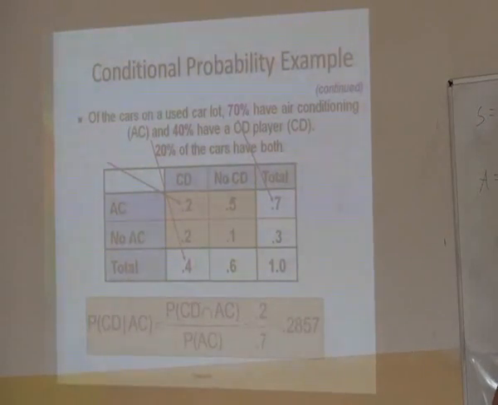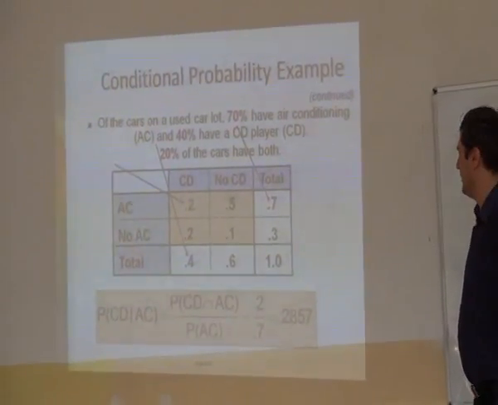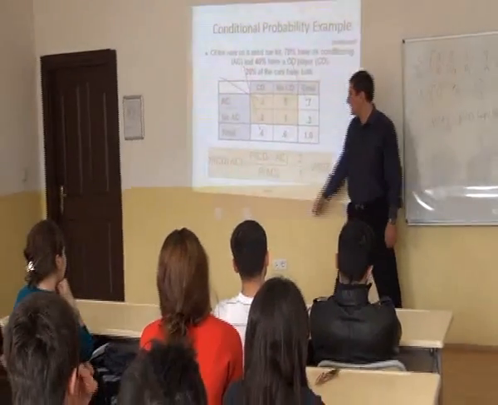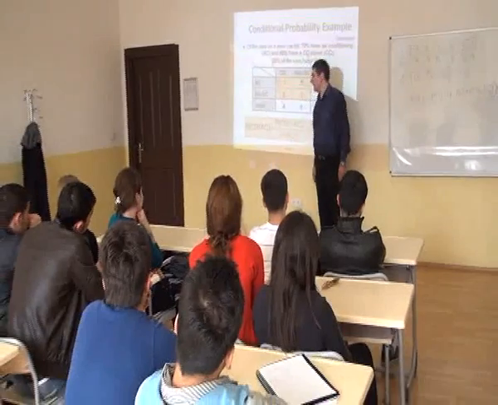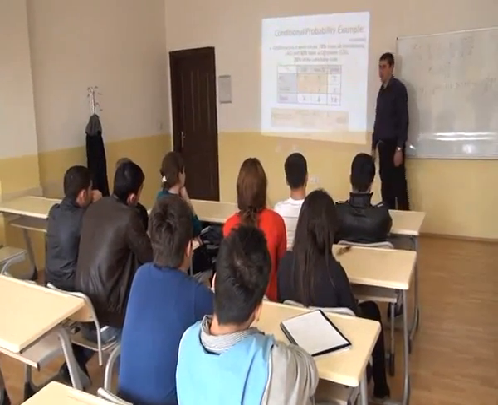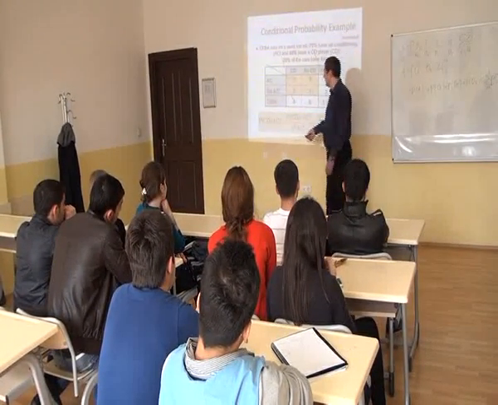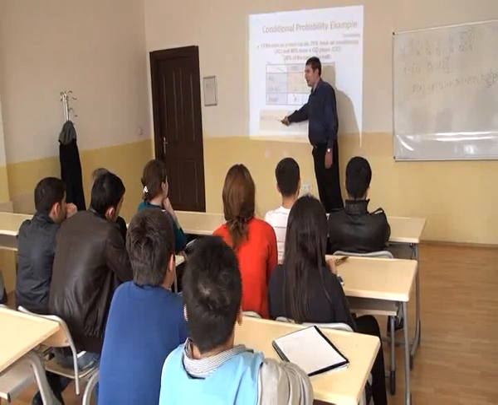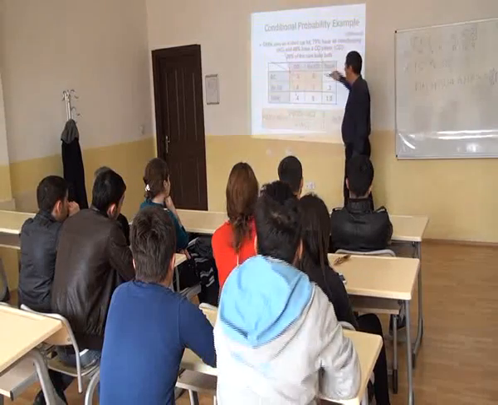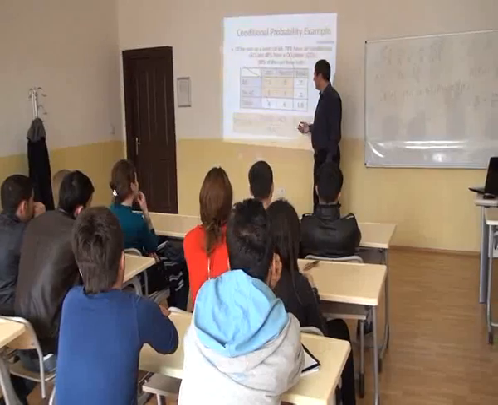Now, how do we calculate the probability that the car has a CD player, given that it has an air conditioner? Sure. As far as we are given the information that the car already has an air conditioner, we are considering just this part, and we don't look at the other information.